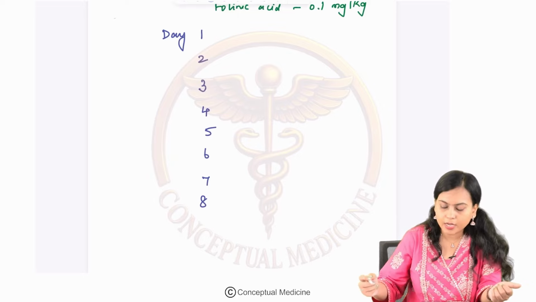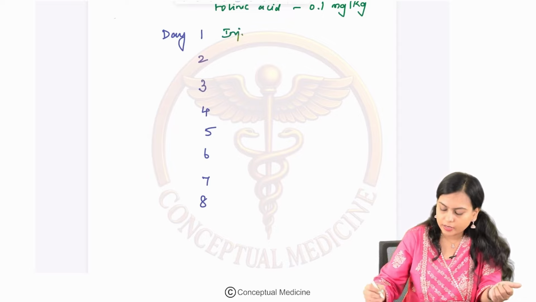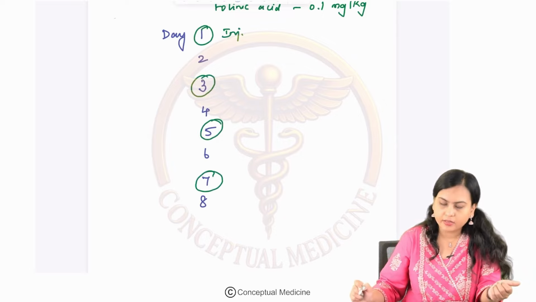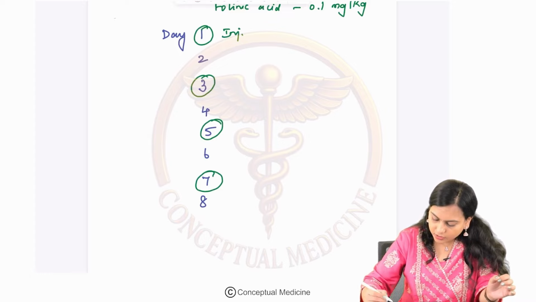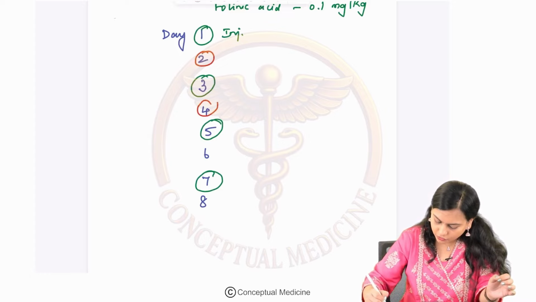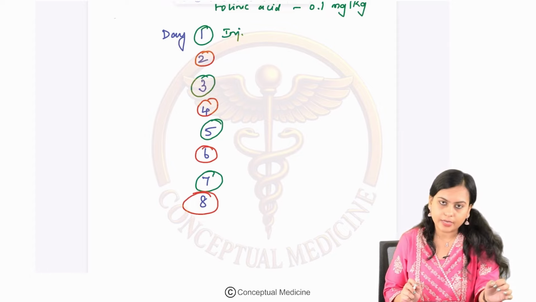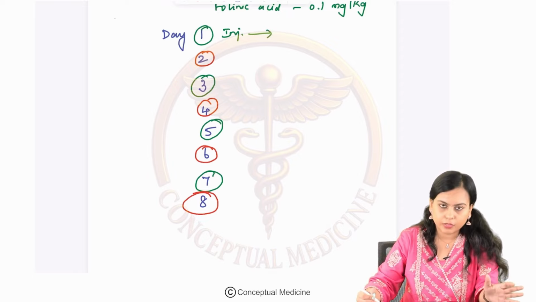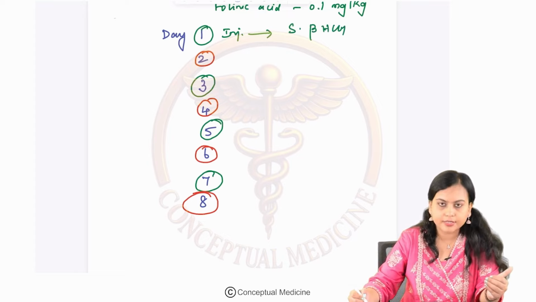See, for example, on day 1, 2, 3, 4, 5, 6, 7, 8. I choose to give injection methotrexate on day 1. So, I will choose days 1, 3, 5, 7 for methotrexate. And on the alternate days, that is 2, 4, 6, 8, I will be giving folinic acid at a dose of 0.1 milligram per kilogram. So, whenever I am giving injection methotrexate, that day I will measure serum beta-HCG levels.